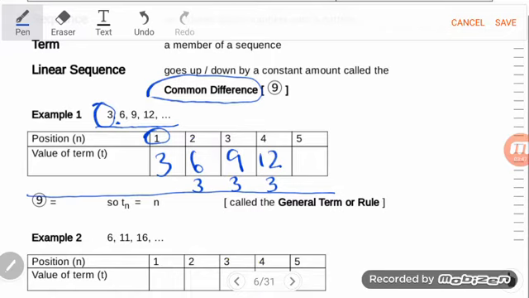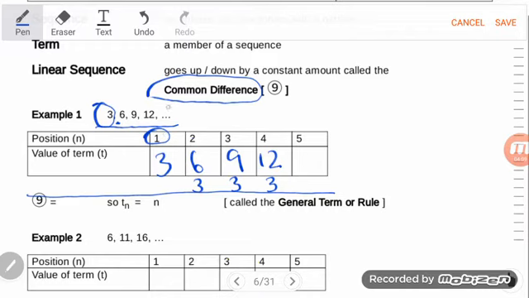So, where to from here in making our general rule? If you can't find the general rule straight away, that's okay. We've got another step we can do. If it's going to increase each time, let's see what happens when we multiply the position number by the difference.